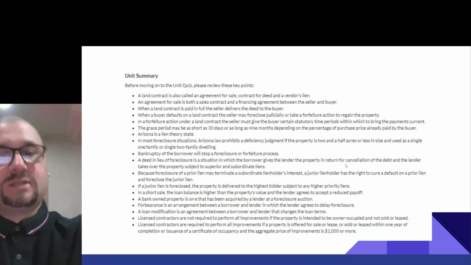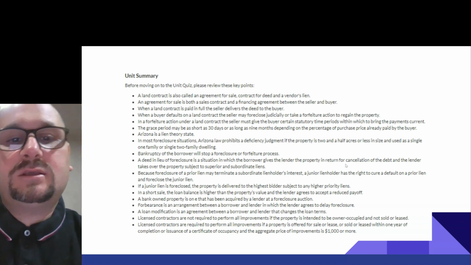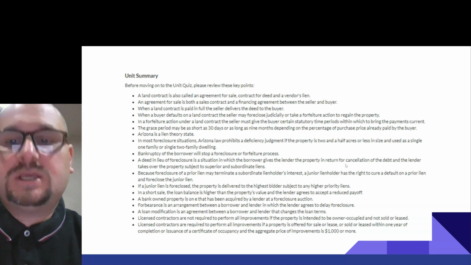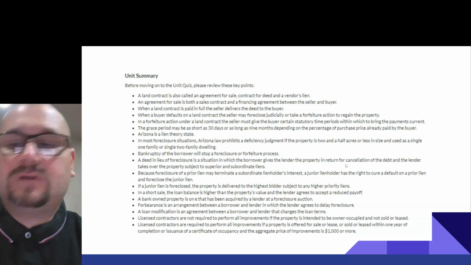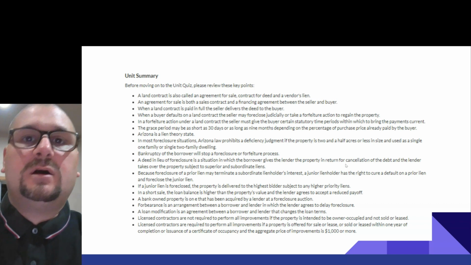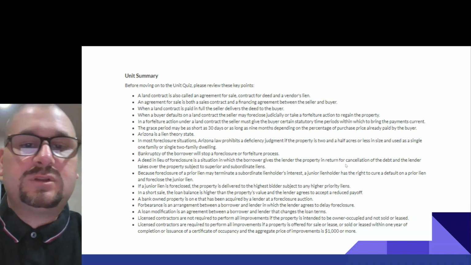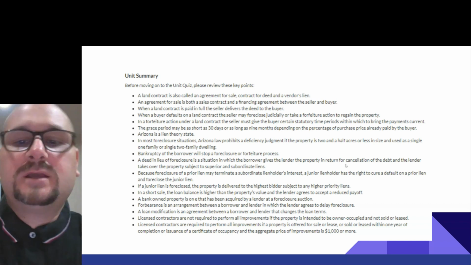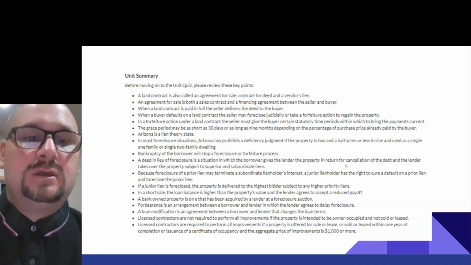Because foreclosure of a property may terminate a subordinate lien holder's interest, a junior lien holder has the right to cure a default on a prior lien and foreclose the junior liens. If a junior lien is foreclosed, the property is delivered to the highest bidder, subject to any higher priority liens.